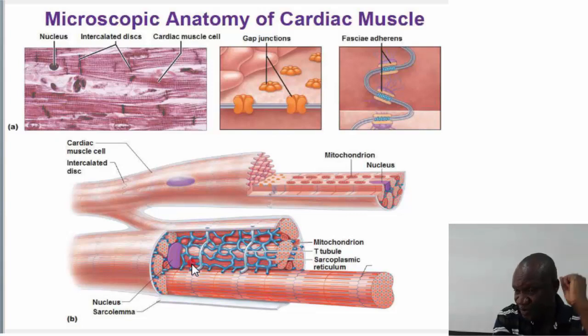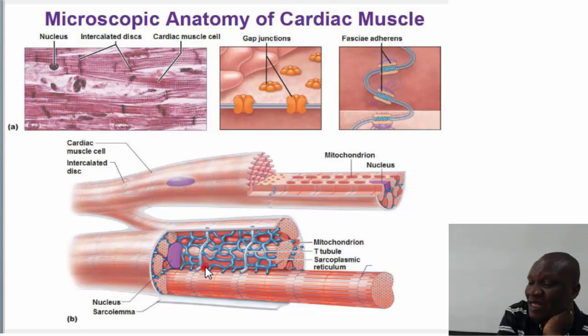Now, in the cardiac muscle, we don't have a triad. We don't have the T-tubule sandwiched between two terminal systems. There is a dyad. We have a T-tubule lying close to a single terminal system.